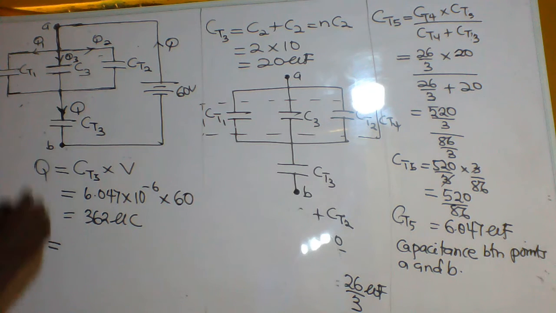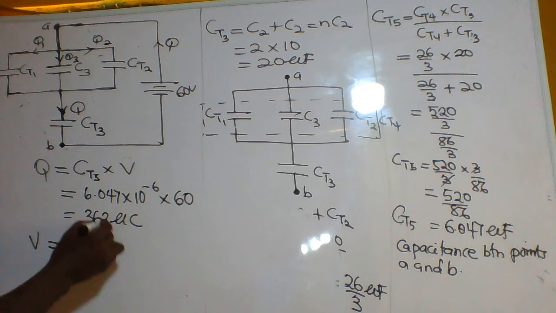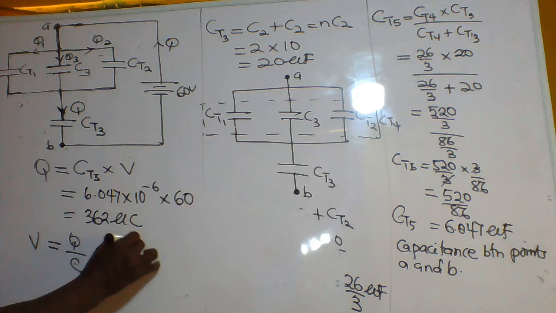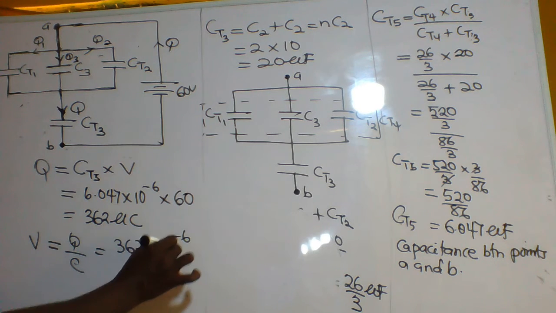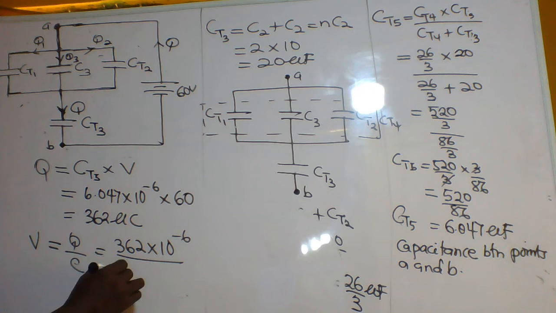If we are looking for the voltage drop across this, it is the charge over the capacitance. So the charge is 362 times 10 to the power negative 6 divided by the capacitance, CT3. What did we get for CT3? 20 microfarad.